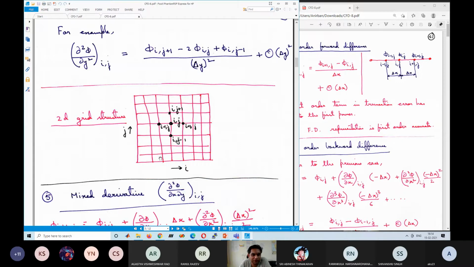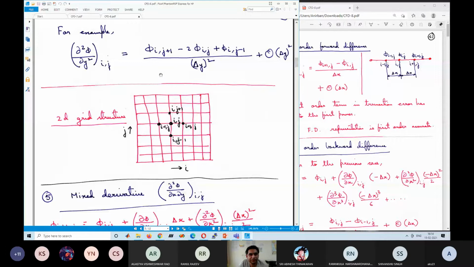So 3, 2. What is 3, 2? This is i is 3 and j is 2. So this point is 3, 2. And 2, 3 is i is 2 and j is 3. In general, this is the ij-th point where i and j can have any value. Its neighboring points, 4 neighboring points, are there. In the x direction, i minus 1 comma j and i plus 1 comma j. In the y direction, i comma j plus 1 and i comma j minus 1.